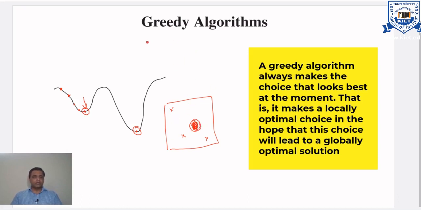Now where are we going to use a greedy algorithm? In optimization problems. If there is an optimization problem, you could use a greedy algorithm, provided that in that particular scenario it will guarantee the solution. Now what is an optimization problem?